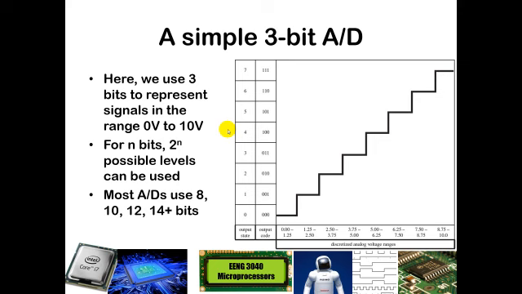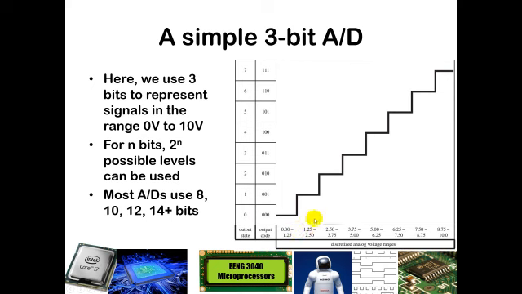This illustrates a simple 3-bit analog to digital conversion. Effectively, with 3 bits we have 8 different binary values that are possible, and we are sorting our voltages into 8 different bins. If the voltage measured on the total range from 0 to 10 volts is somewhere between 0 and 1.25 volts, we'll assign the lowest possible bin, bin 0, which is 000.